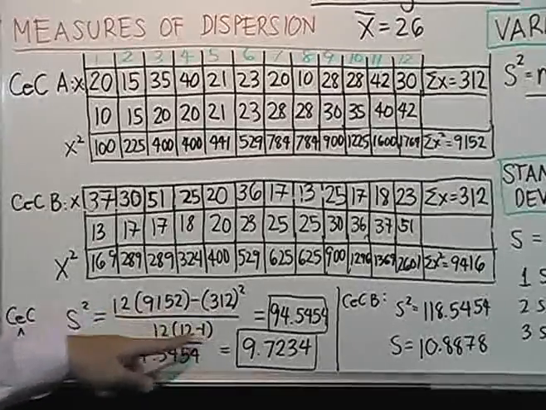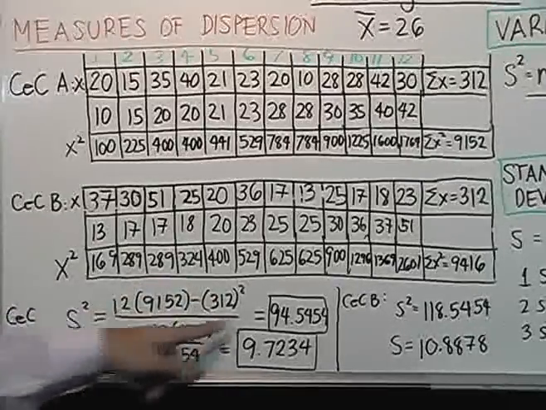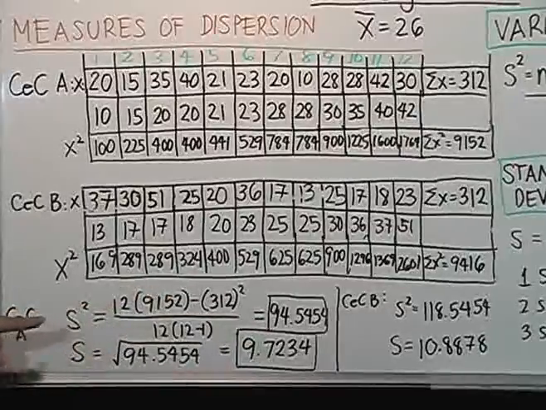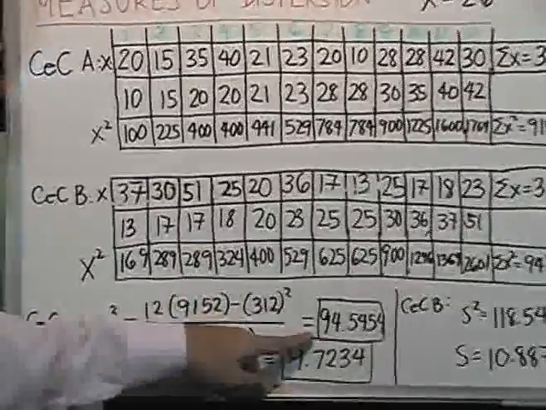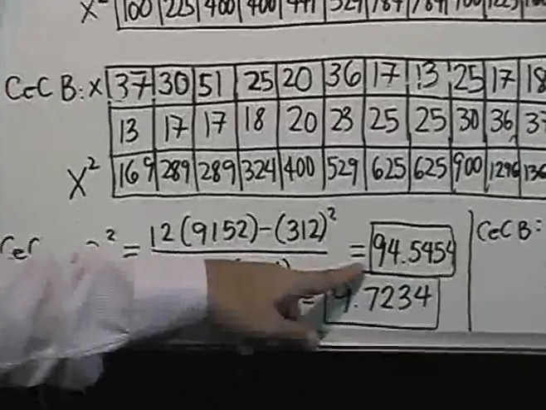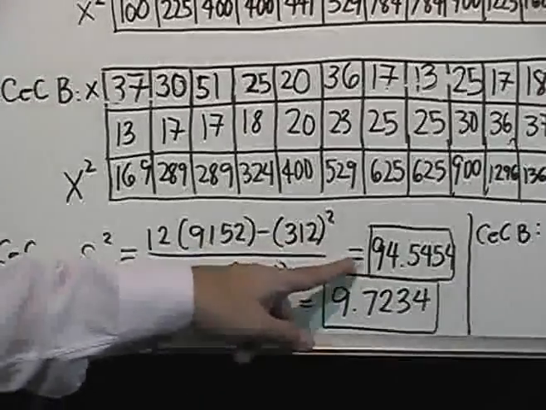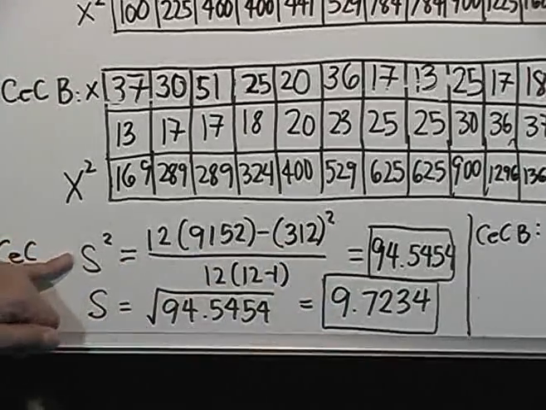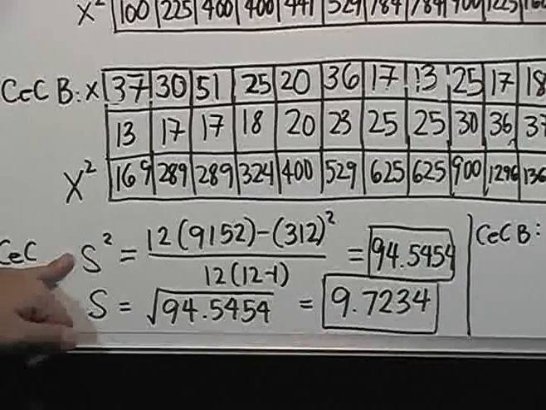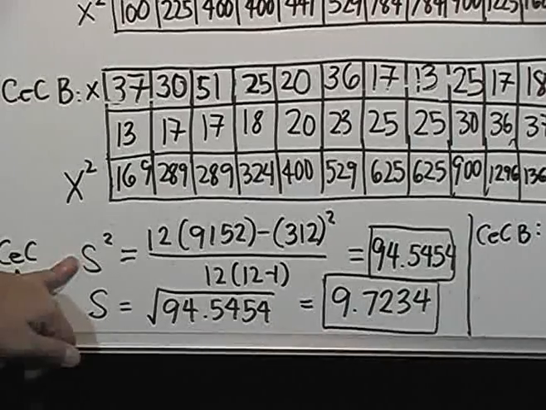If you compute all that, the variance for CECA is 94.5454.